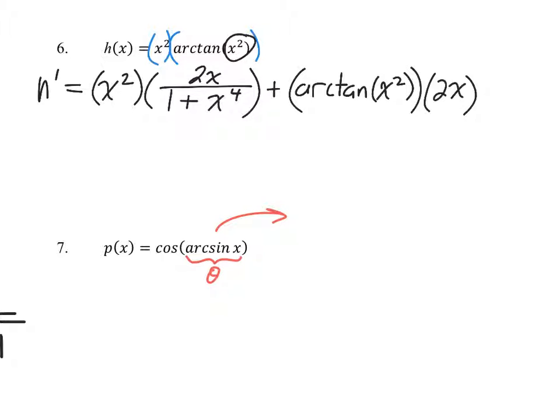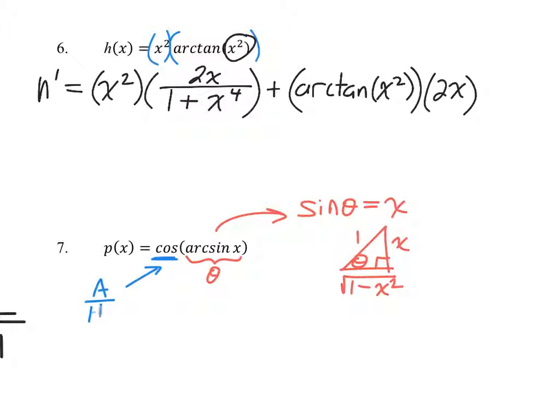So theta is equal to arcsine of x, which means that the sine of theta is equal to x. Sine is opposite over hypotenuse. Missing side, square root of 1 minus x squared. Cosine, by definition, is adjacent over hypotenuse. So this over this.